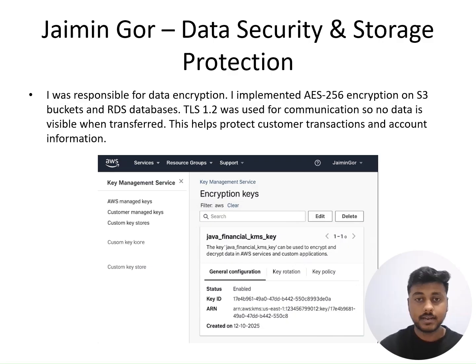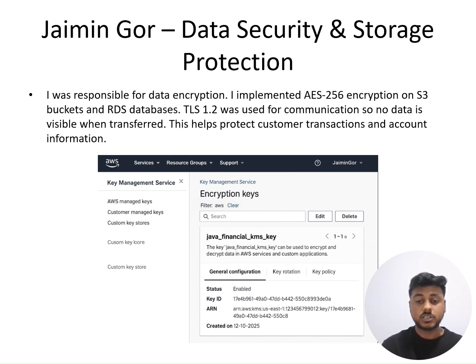So here is my slide. To secure stored data, I used AES-256 encryption for both Amazon S3 buckets and RDS databases. This means that any data stored in the cloud is unreadable without proper decryption keys.